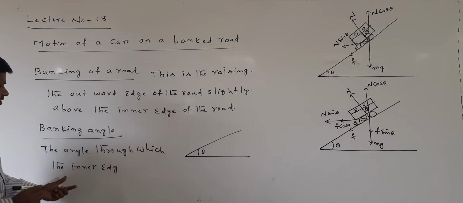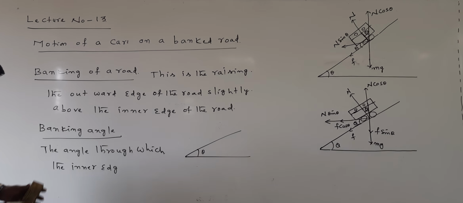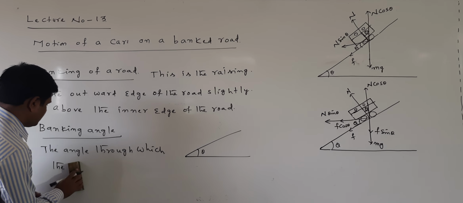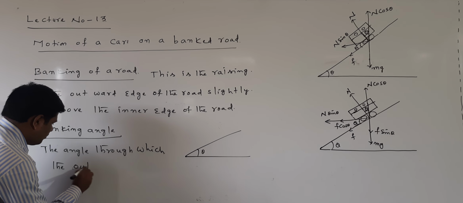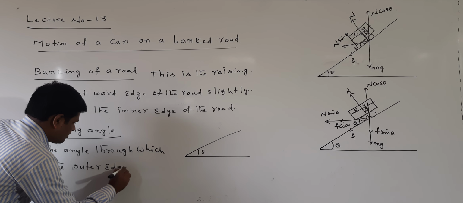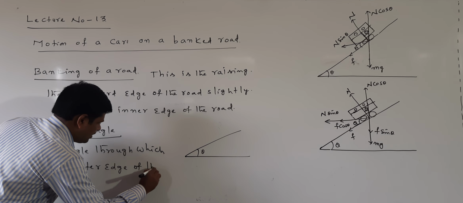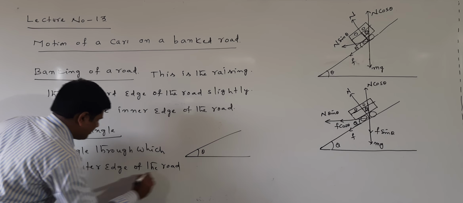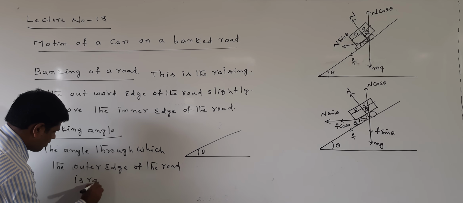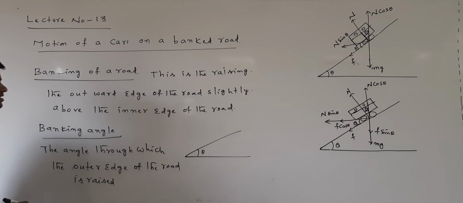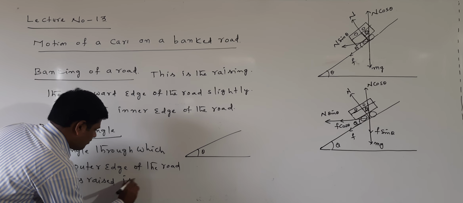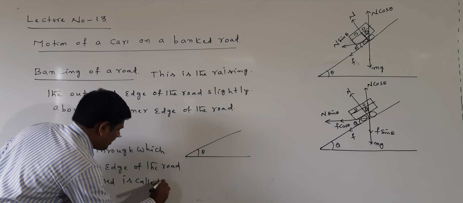The angle through which the outer edge of the road is rising is called the banking angle.